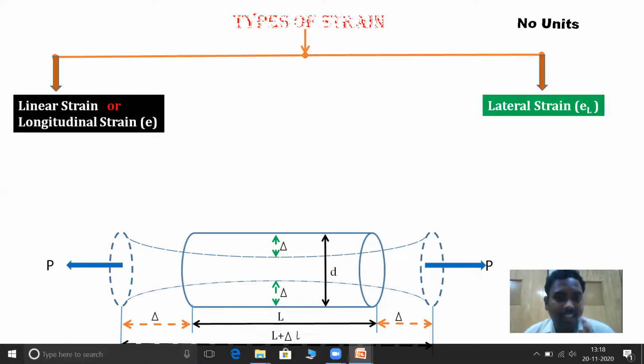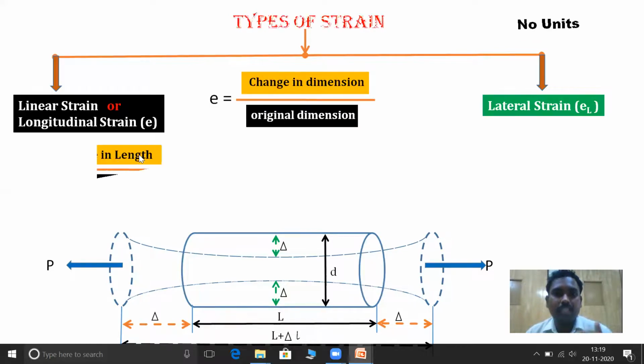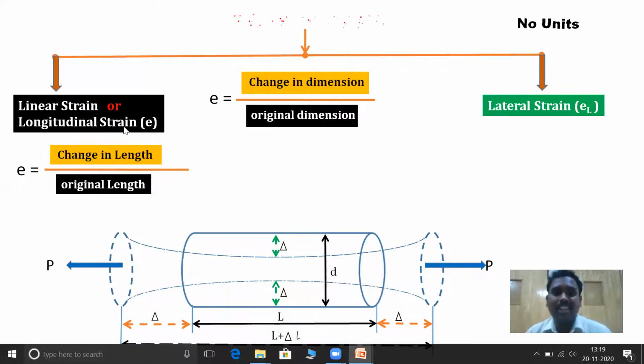When I focus on the y-axis, there is a change in diameter. If I take the change in length as a reference, then this change is called a longitudinal strain. So if I take length as a reference, it becomes a longitudinal strain. That is why I write the formula: E is equal to change in length divided by original length.